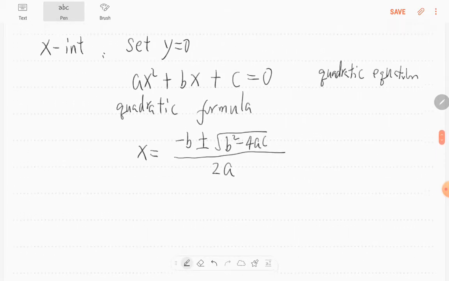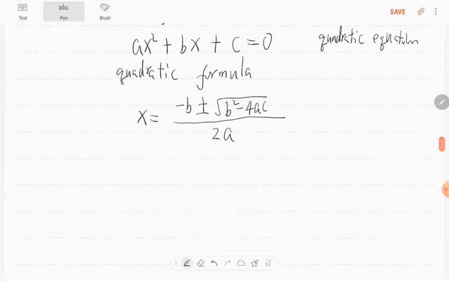So in other words, here we require that b squared minus 4ac should be greater than or equal to 0. Otherwise, there is no real root.